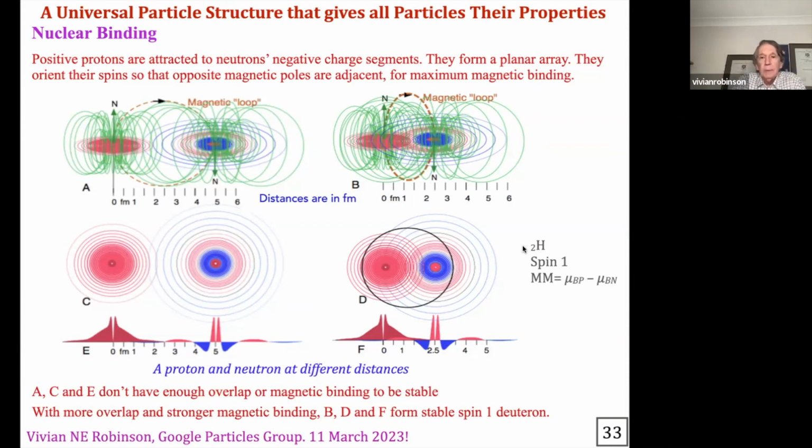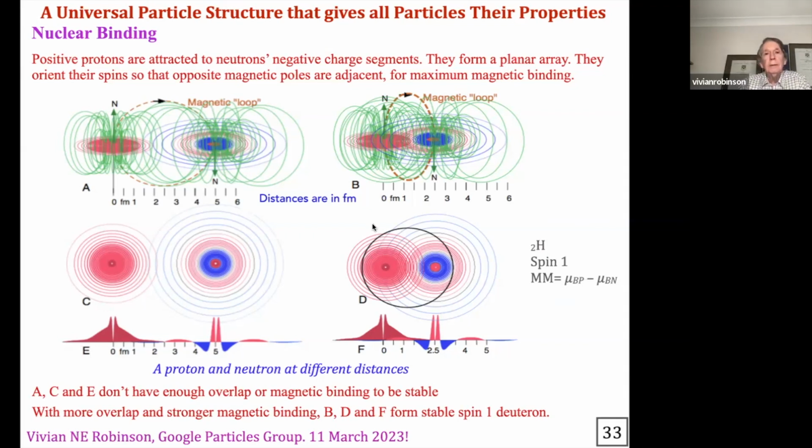That will give a particle with 2 h bar. It'll have spin +1 because they're both spinning in the same direction, and its magnetic moment will be the difference between the two. So that suggests that there is some magnetic binding when the charges overlap.